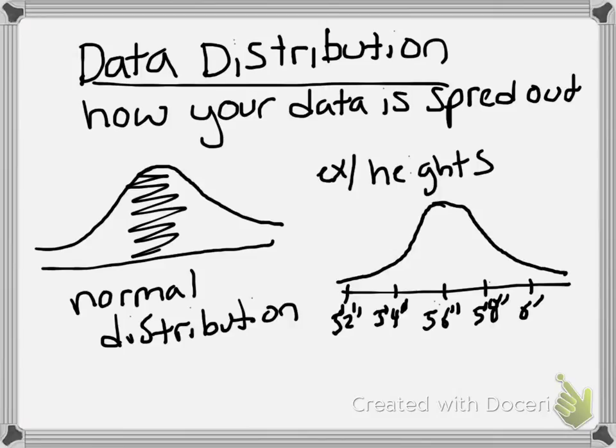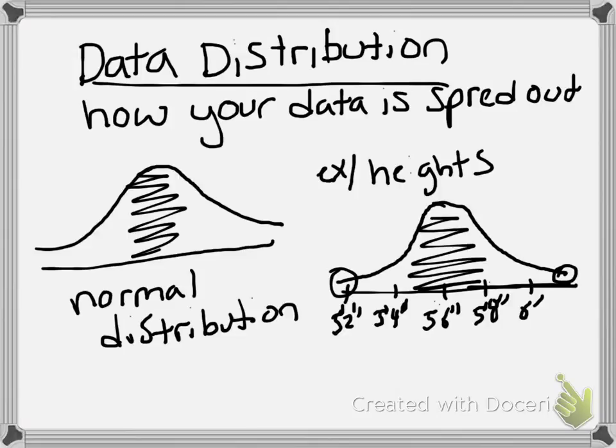It's not a very good normal looking curve, but we can see our majority of students are going to be in this range right here, 5'4" to 5'8", and as the heights increase, we have very few students that are above 6 foot tall or towards 7 foot. Same thing with 5 foot or 5'2".